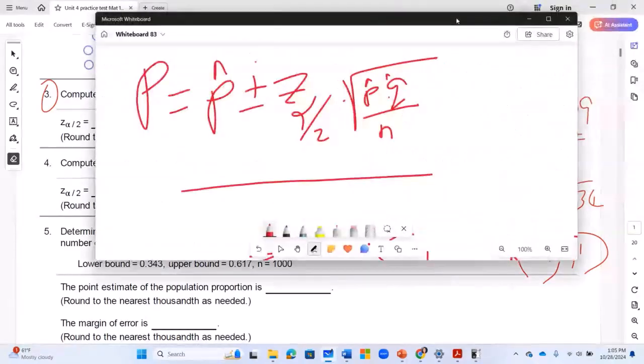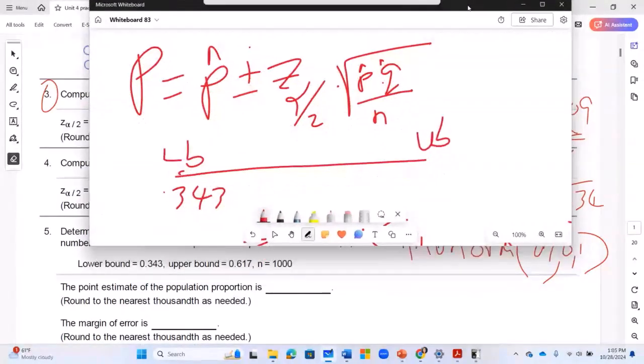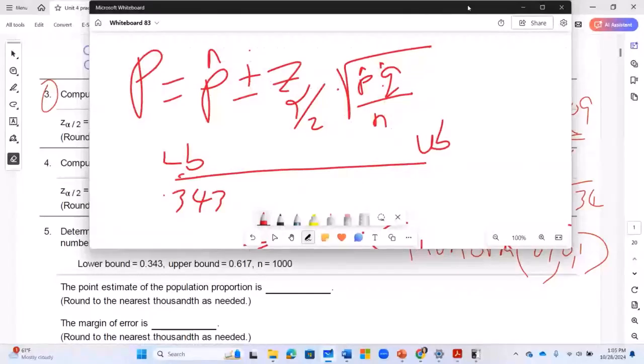So this is the line I already drew. This one is 0.343, the lower bound. The upper bound is 0.617. That is the lower bound, that's the upper bound. The sample size given to me is 1,000.